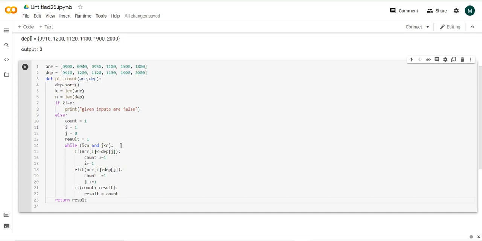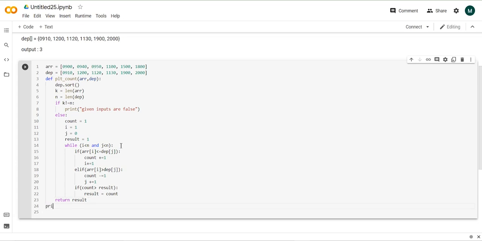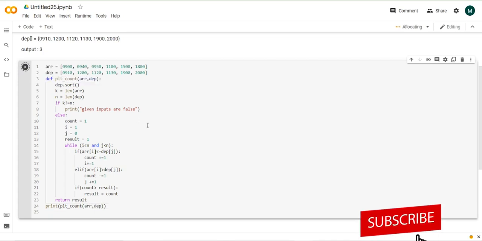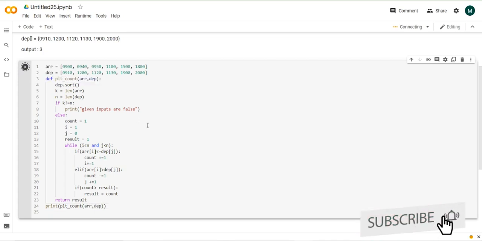Now print the platform count of arr, dep. Let's see what we are going to get. This is taking a while.